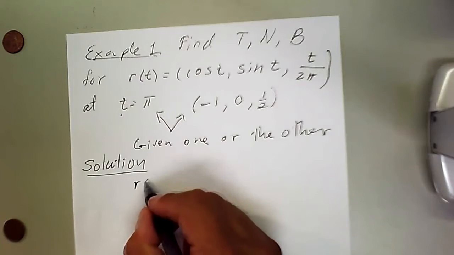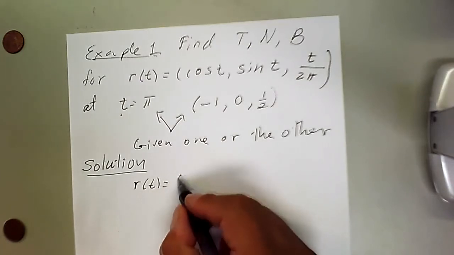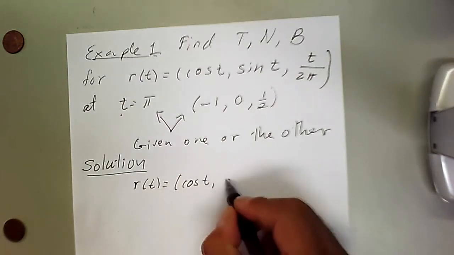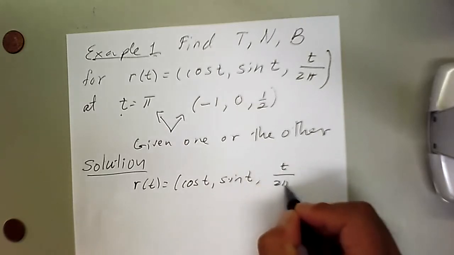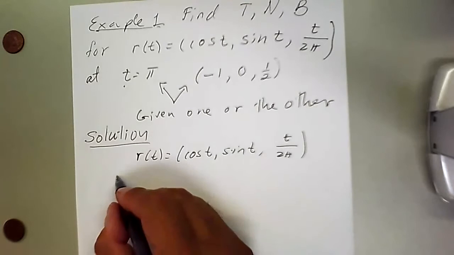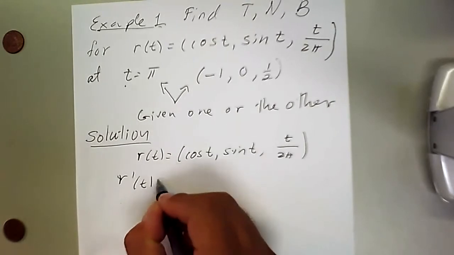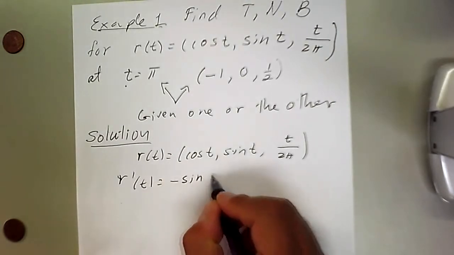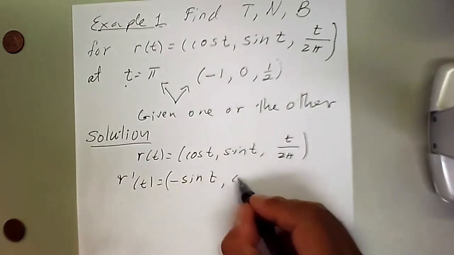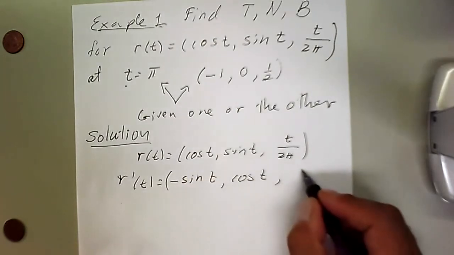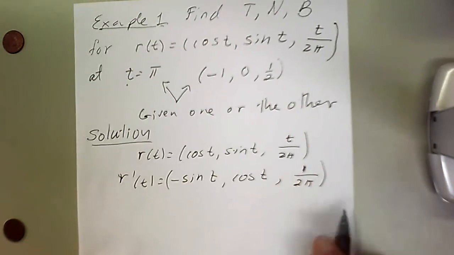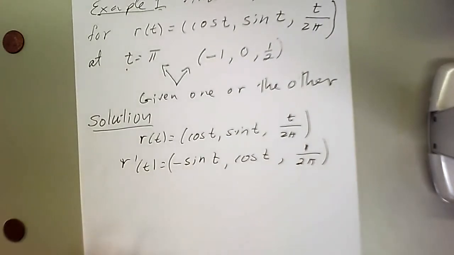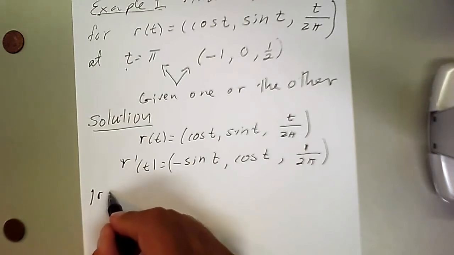I'm going to copy r of t, which is cosine of t, sine of t, and t over 2 pi. So the first derivative will be negative sine of t, cosine of t, and of course 1 over 2 pi because the t vanishes. Next, we need to find the magnitude of that.